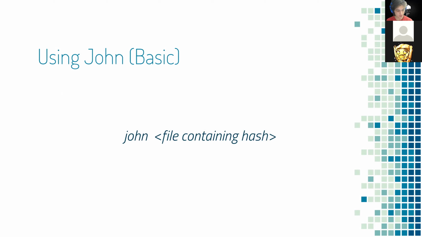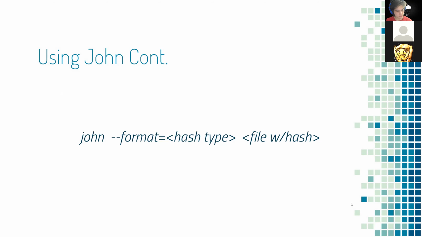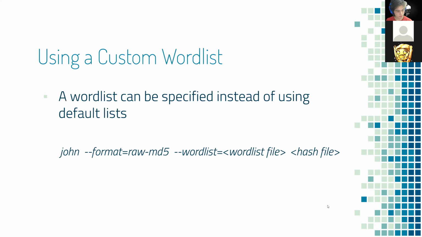It's just john and then the file that is containing the hash. Now, when you do this, John the Ripper will use its default word list, which is not necessarily the best. If you want to specify your own word list, like rocky.txt, that's what we're going to be using, then we have to use the --wordlist format. Where's an example of that? Right here. So it's --wordlist=file.